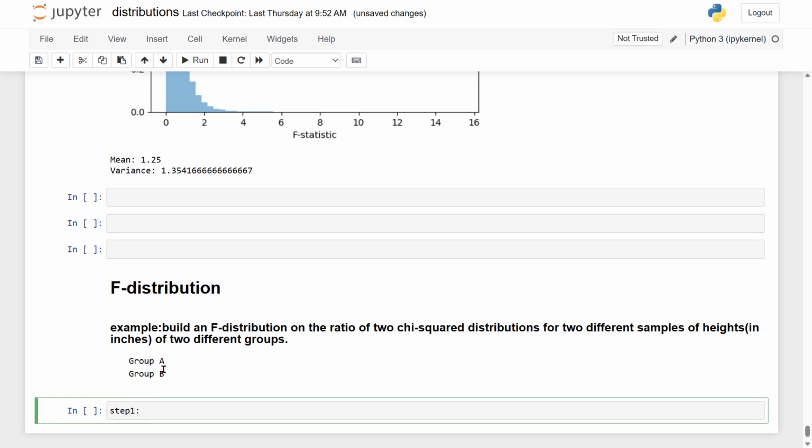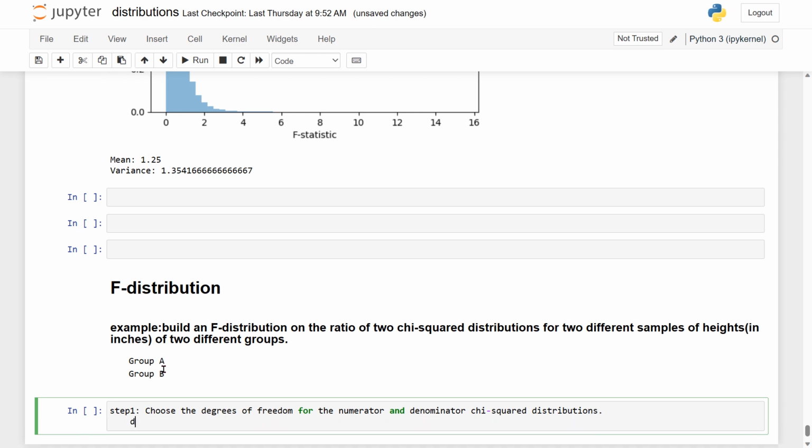First thing is to choose the degrees of freedom for the numerator and denominator chi-squared distributions.